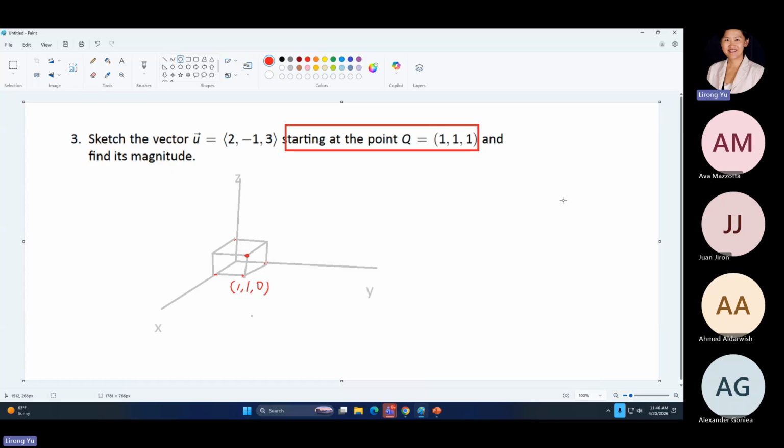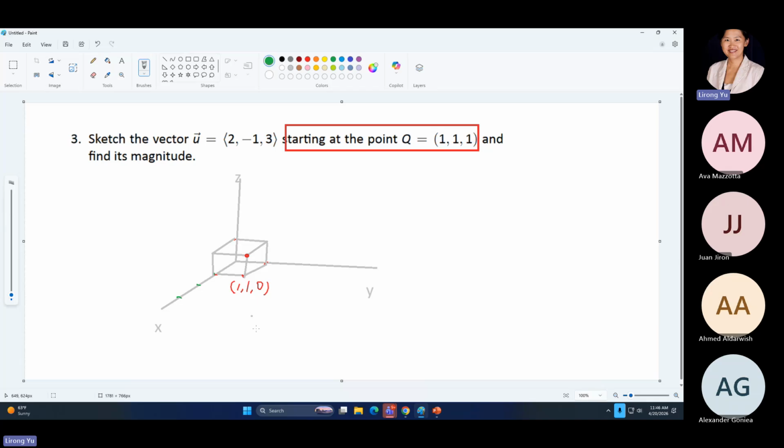Are we okay? Right, so starting from the initial point, the question says we want to draw the vector U. So we are increasing the x component by 2. So our terminal point, x is going to go up 2 units, so that's 1, 2, 3.